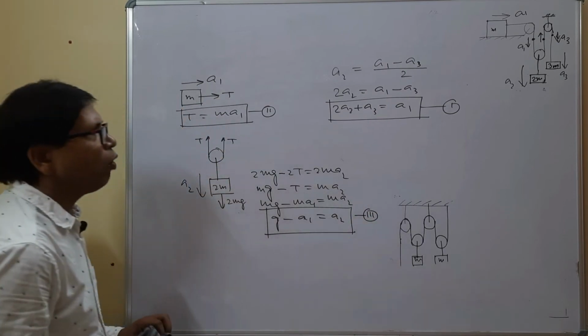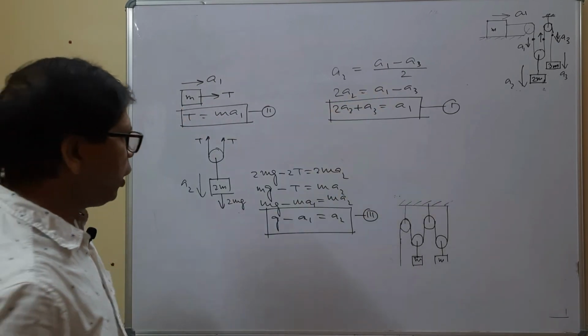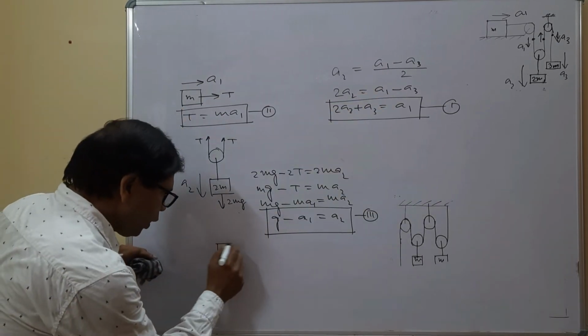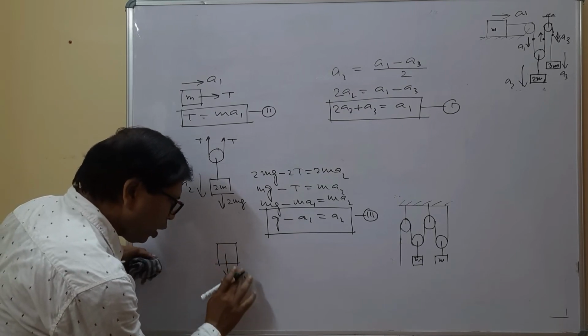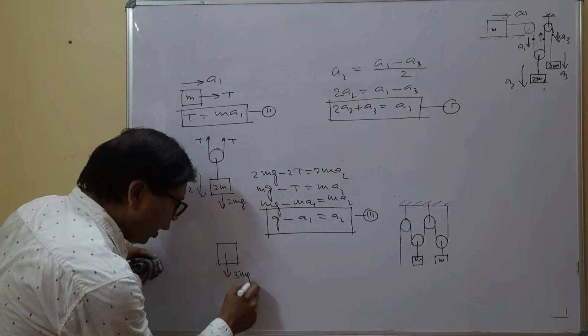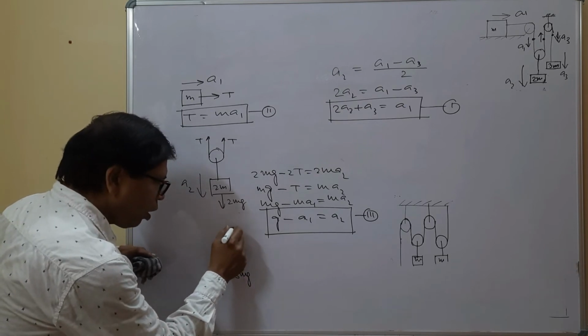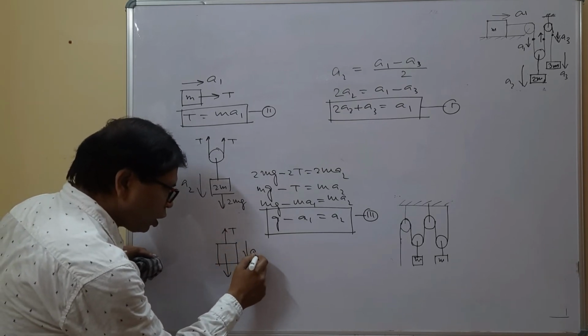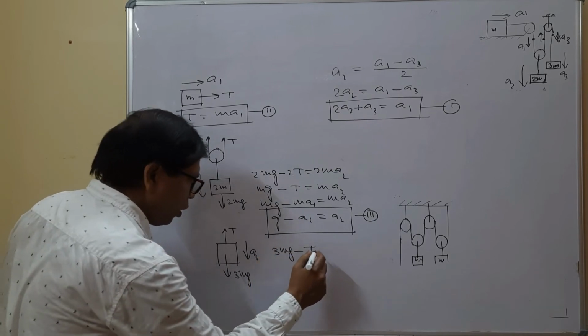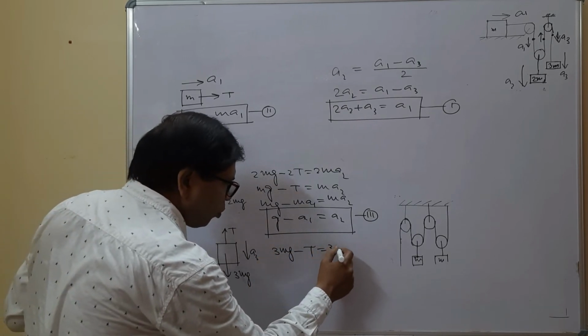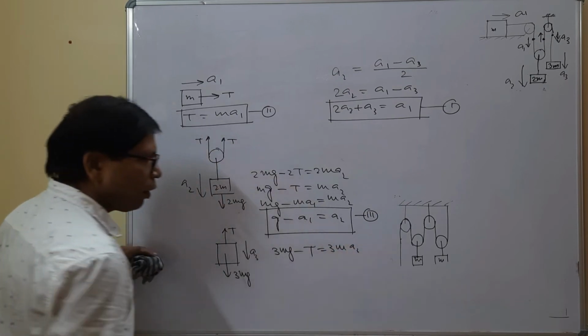Okay, now free body diagram of 3m. Look at this. Here 3mg directed downward, T upward. Motion along this direction is downward. So 3mg minus T equals 3m into a3. Okay.